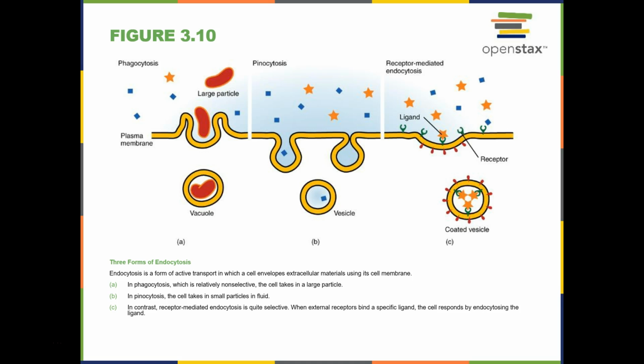In phagocytosis, you have a large molecule, something like maybe a bacterial cell, that's going to be brought in, or a protein that's going to be brought into the cell. The plasma membrane surrounds the entire structure and pulls it in. The plasma membrane then blebs off, so you actually lose some plasma membrane, and you form this vesicle inside of the cell.